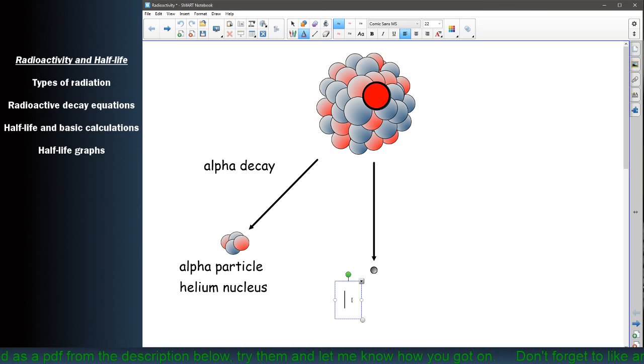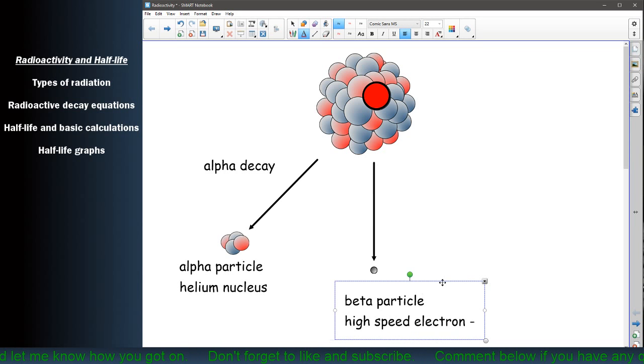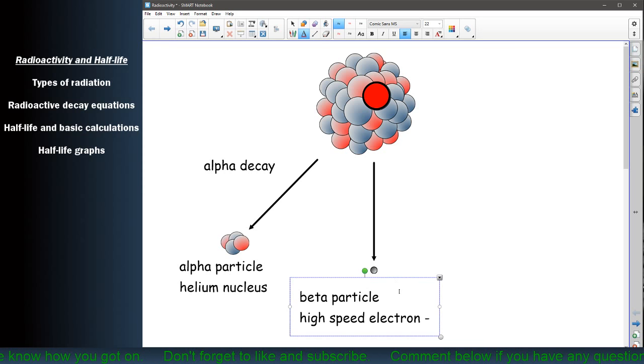And this high-speed electron we call a beta particle. It is essentially a high-speed electron. Now you should be at this point saying, wait a minute, aren't all electrons high speed? And you're absolutely right. This one though is going like a bat out of hell, even by electron standards.